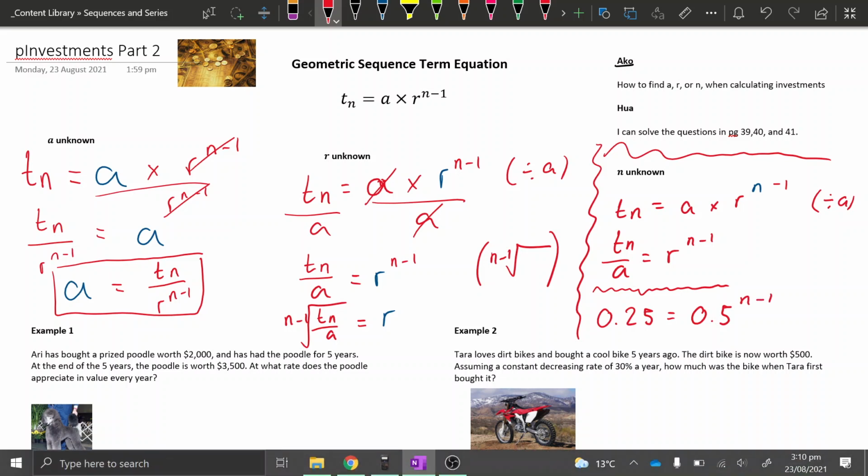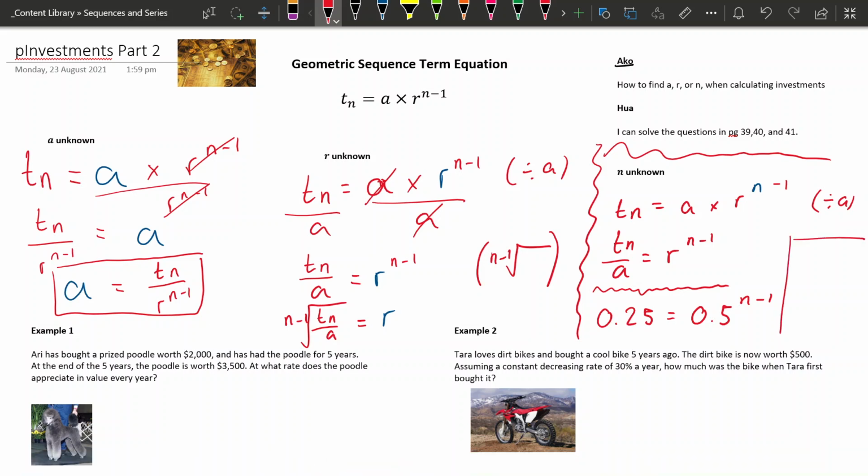So what you have to do here is just try a whole bunch of n's to see which n's work to give you the answer. So you're going to have to make a little table. For example, I'll put A as answer. So if n is these numbers, then what's your answer? So if n is 1, then we're going to have 0.5 to the power of 0, which is 1.